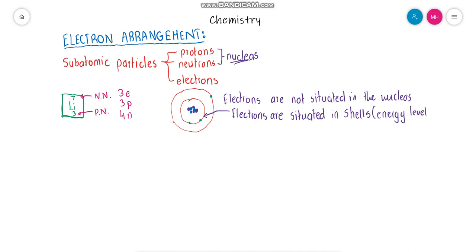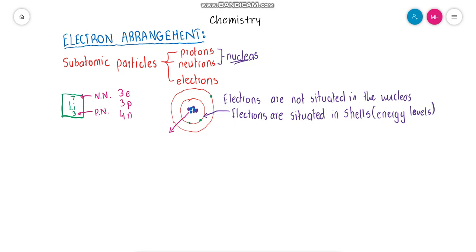Each energy level has different energy, which I'll talk about in a moment. The further you move away from the nucleus, the higher the energy level in a shell.